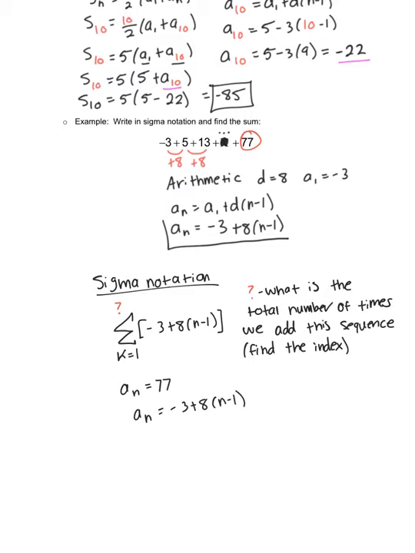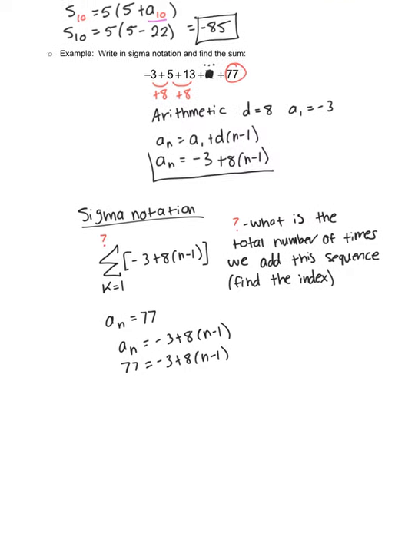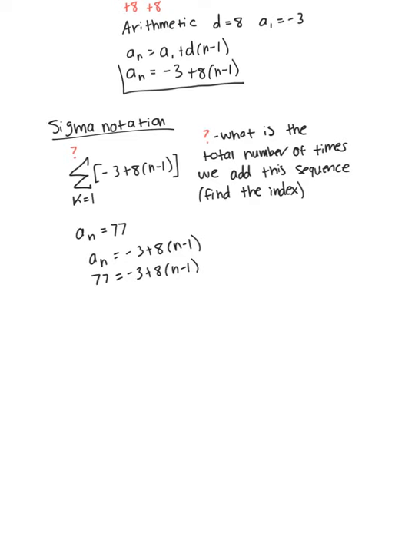I'm going to replace a sub n with 77. Everything else stays the same. And then now I've just got this and I need to solve for n. If I solve for n, that's going to give me the index. That's going to give me that red question mark that's at the top of the sigma.